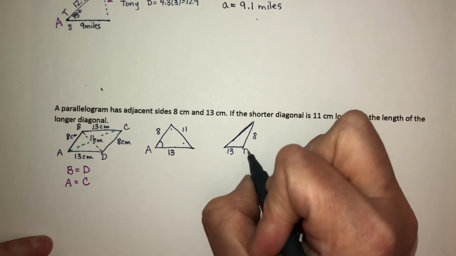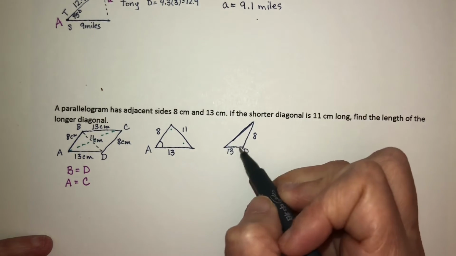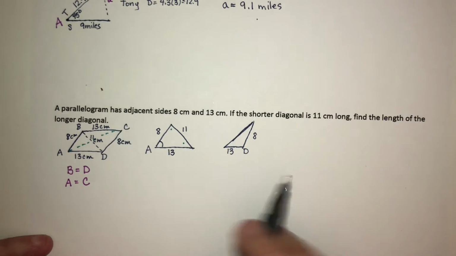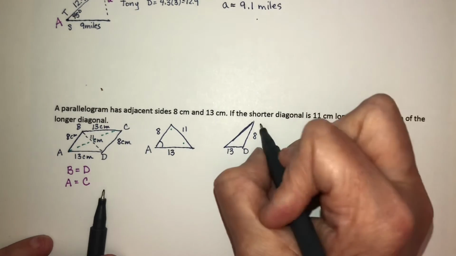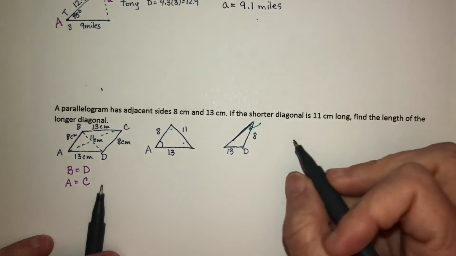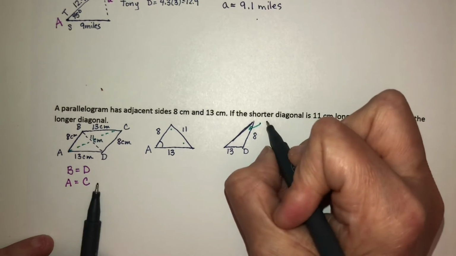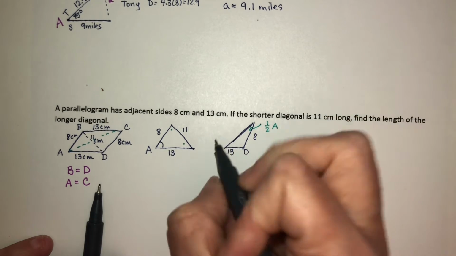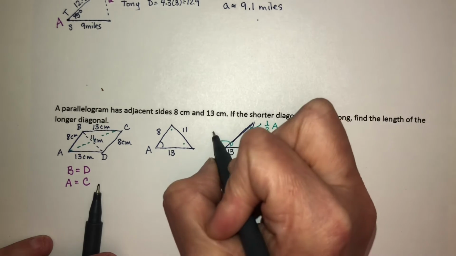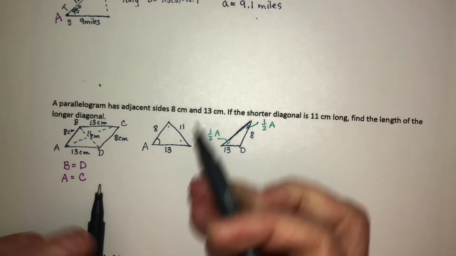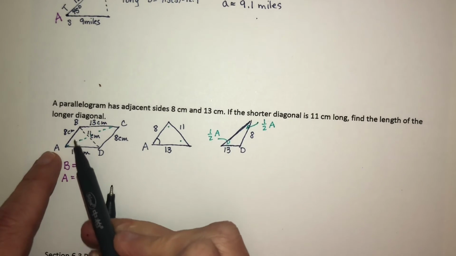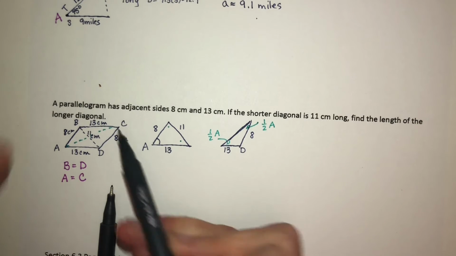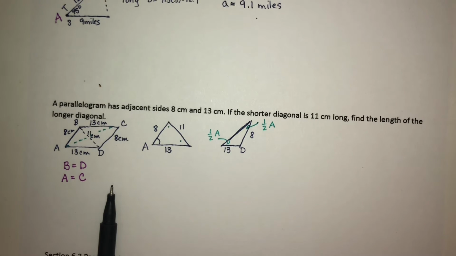I'm going to need to find angle D, or this angle right here, because that's going to be part of C. In fact, this angle right here is going to be half of angle A, and this angle here is also going to be half of angle A. And I know that because the diagonal bisects your angle, and these two angles are equal. So if it cuts it in half, it's going to be the same for both of them.